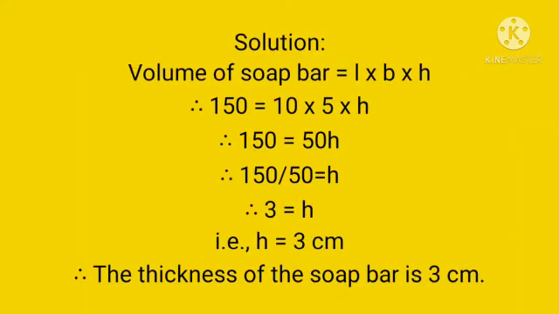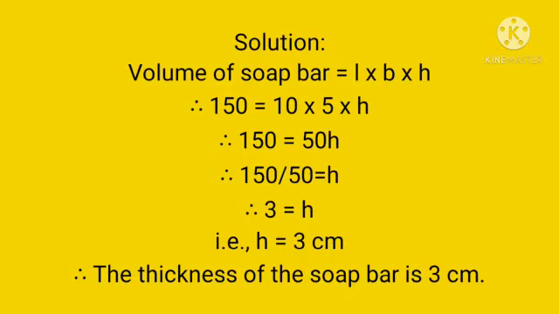Solution. As it is a cuboid shaped soap bar, we will use the formula of volume of a cuboid, which is equal to length multiplied by breadth multiplied by height. Let us substitute the values. Volume given is 150. Therefore, 150 is equal to 10 multiplied by 5 multiplied by H. 10 multiplied by 5 gives 50.